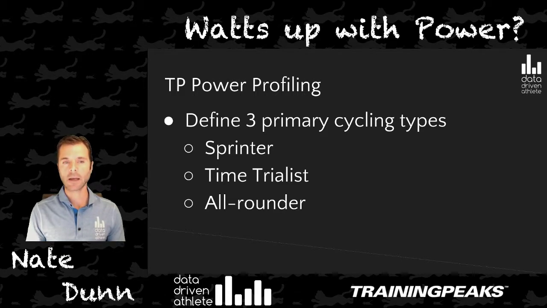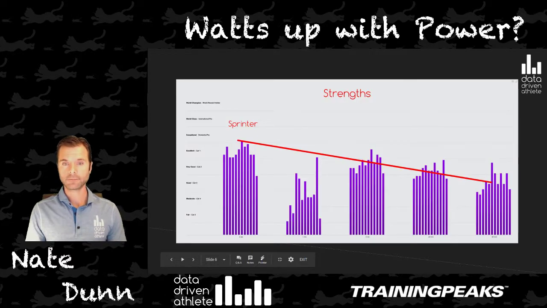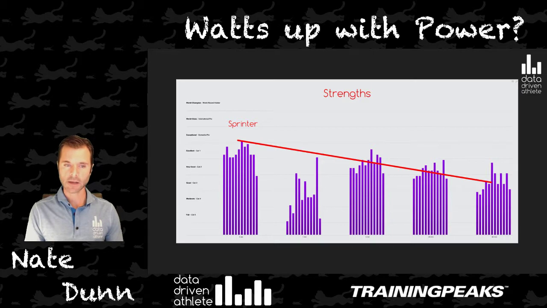So in the next slide, we see a classic power profile trend of what a sprinter is. Pretty intuitive here, right? On the left-hand side, looking at that neuromuscular range of fitness, we see that this rider is very high in that 5 second range. And then we see a downward sloping trend as we progress out towards the 60-minute, or endurance range.